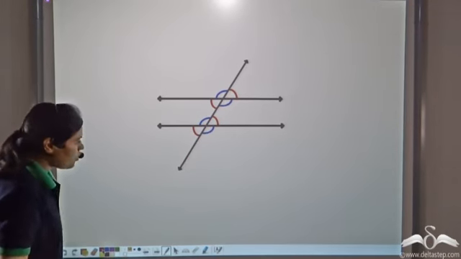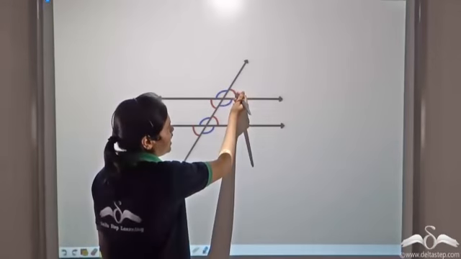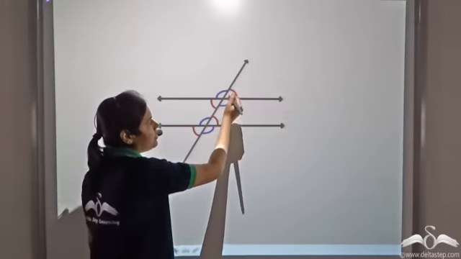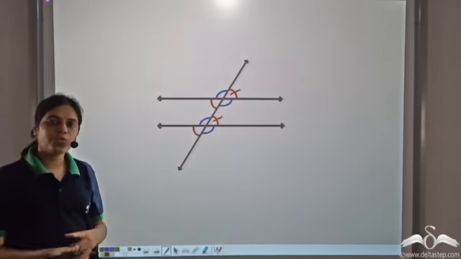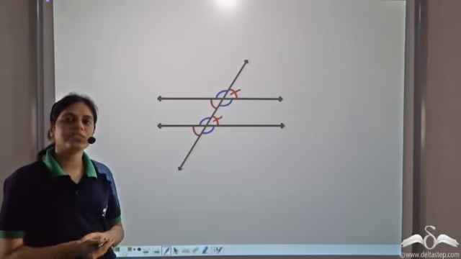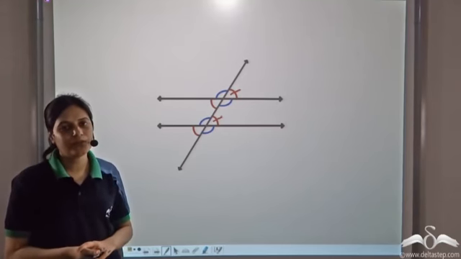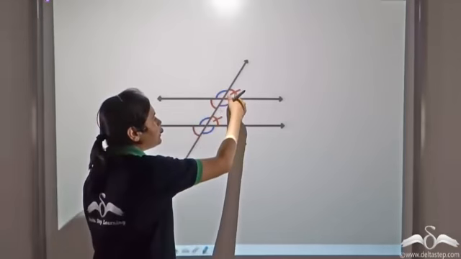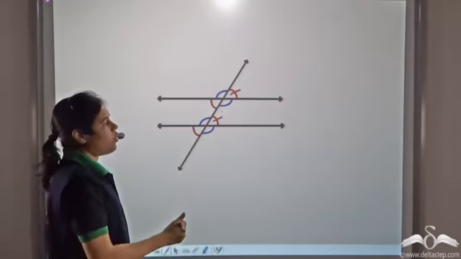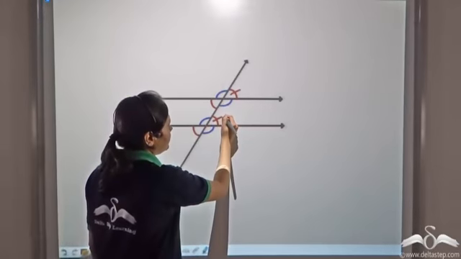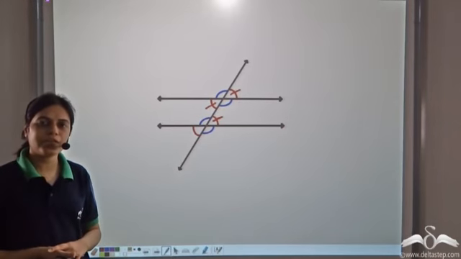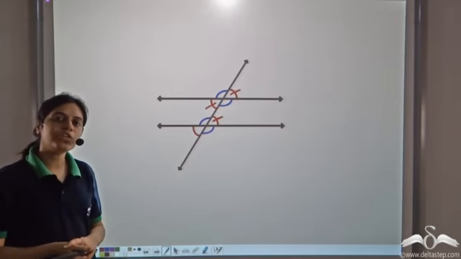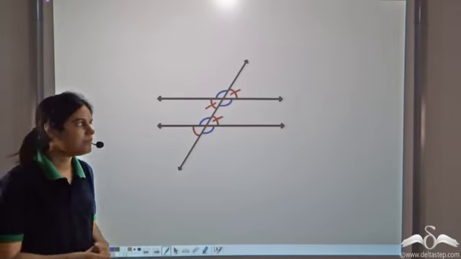Now observe that this red angle and this red angle, they are corresponding angles. And we know that in parallel lines, the corresponding angles are equal. So these two red angles are equal. Also, this angle and this angle form a pair of alternate interior angles, and a pair of alternate interior angles are equal.